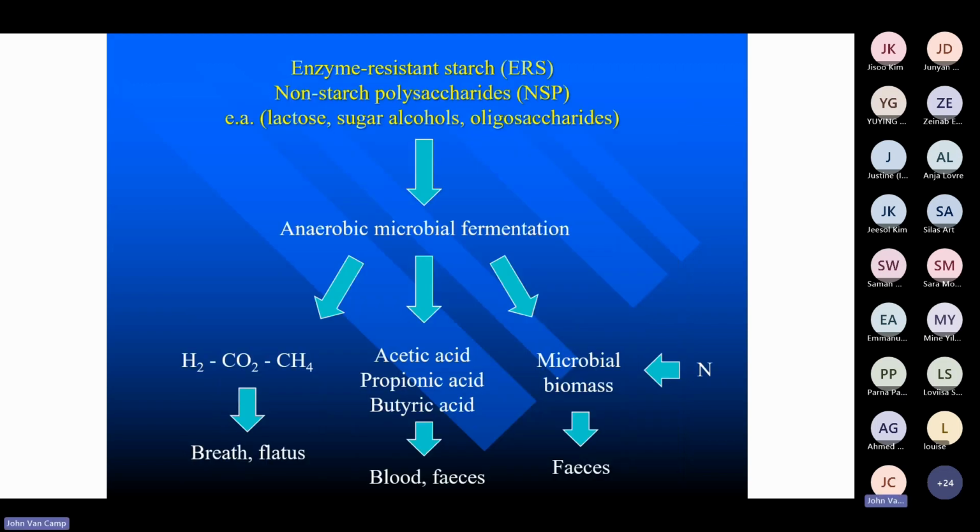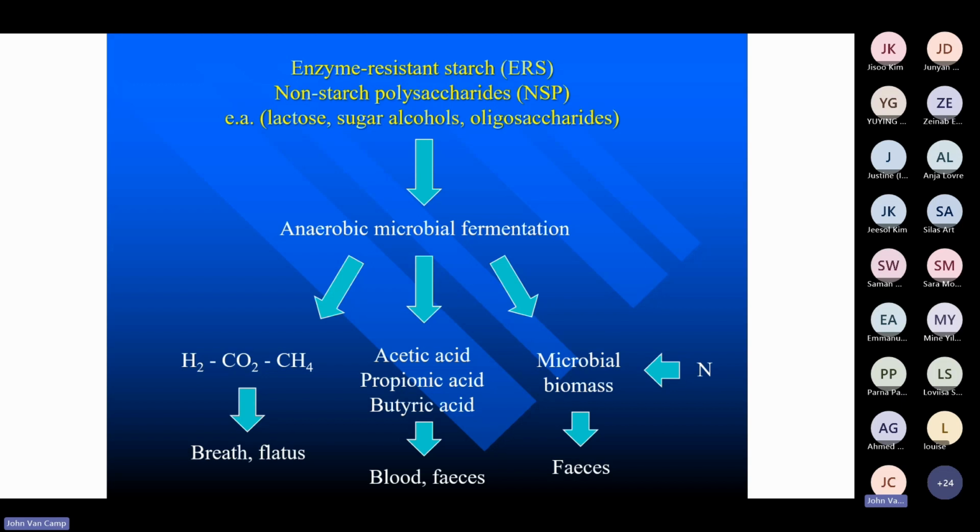So if we look a little bit at the microbial processes that take place in the different GI tract models, then we first look at the substrates. So the substrate we have is enzyme-resistant starch. So it means that there is part of the starch which normally should be digestible in humans. It's an alpha-1,4 bond.